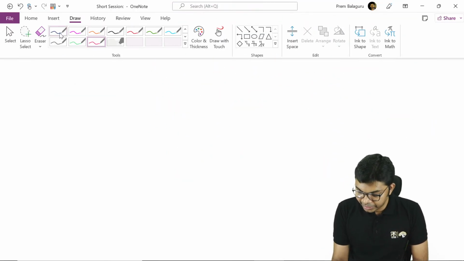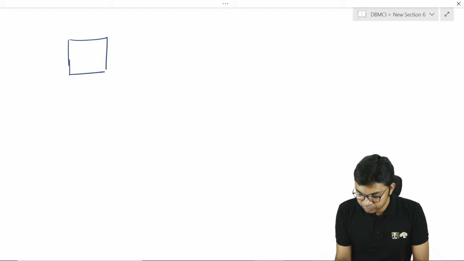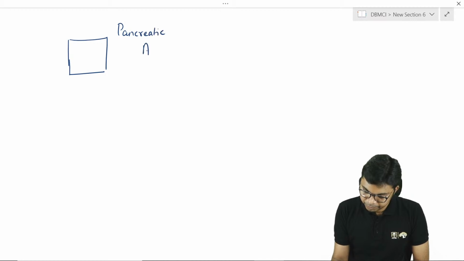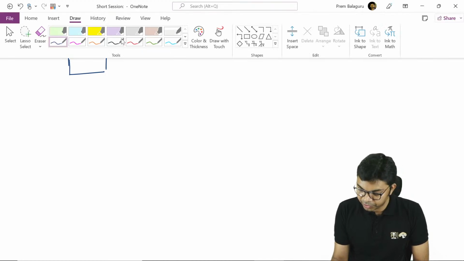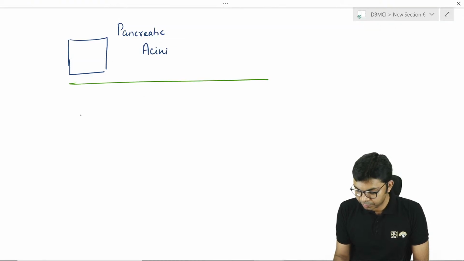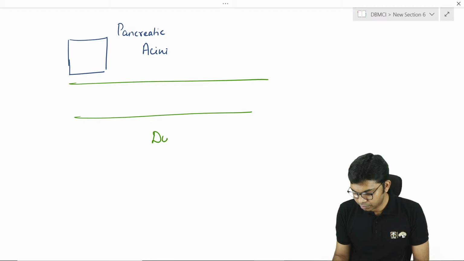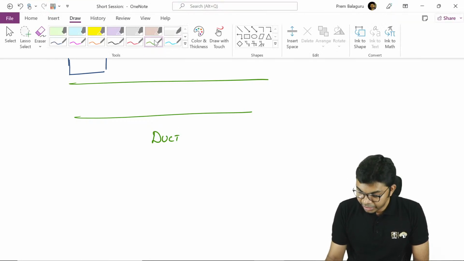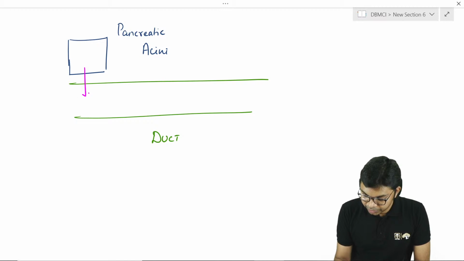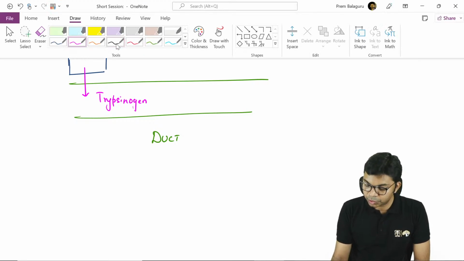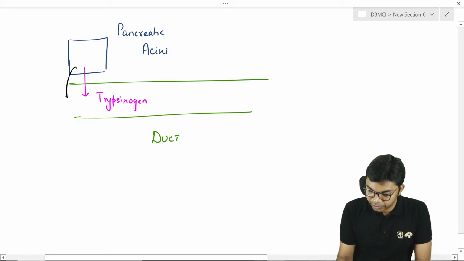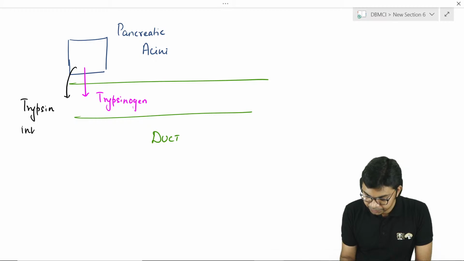Let's take up a pancreatic acini here. Pancreatic acini, and we are going to have a pancreatic duct. As the pancreatic acini start producing the enzyme trypsinogen, the same cell is also going to produce another important enzyme called trypsin inhibitors.